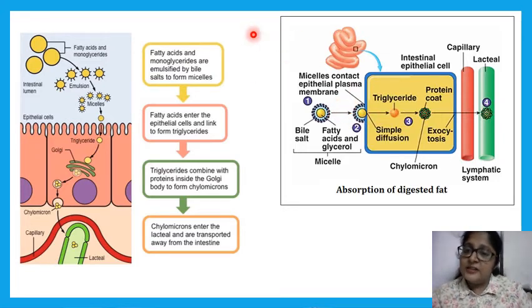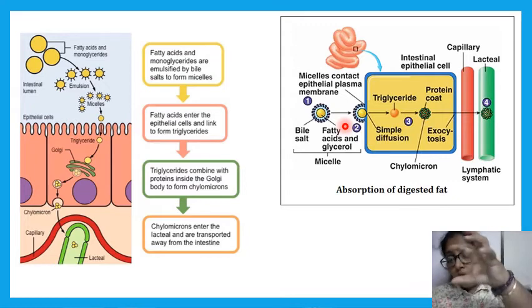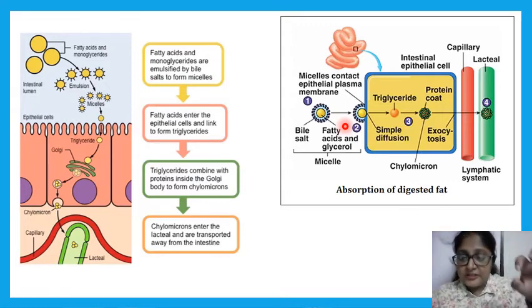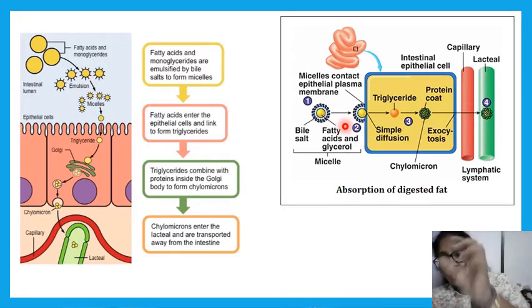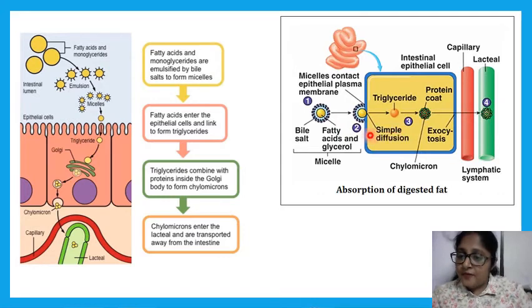Over here the sign is not given, but actually the bile salt is reabsorbed, and the micelle holding the fatty acid, monoglyceride, and the glycerol enters as fatty acid, monoglyceride and glycerol and forms the triglyceride with the help of simple diffusion. Again, as they move forward, they are protein coated from the Golgi bodies, as I've just said, and they form the chylomicron.